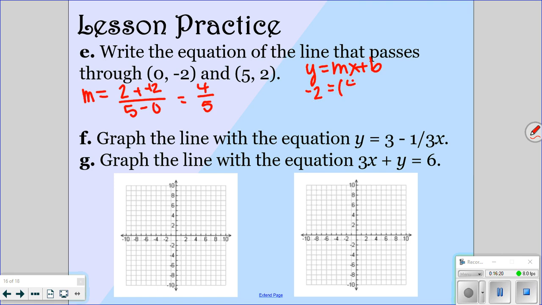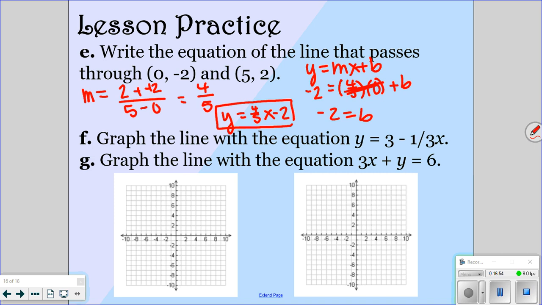Our slope was 4 over 5. The x value from that point is 0, and the b is just b. So 4/5 times 0 is just 0, so that means that -2 equals b. So our equation would be y equals 4 over 5x minus 2. So that would be your answer.